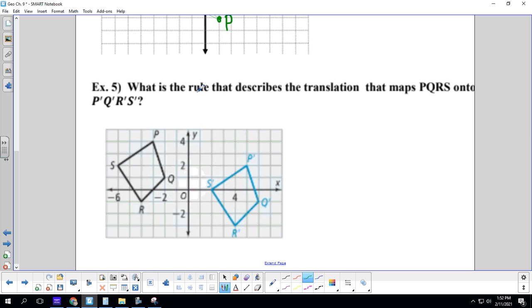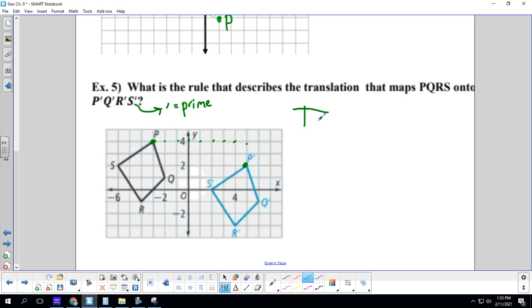All right, example 5. What is the rule that describes the translation that matches P, Q, R, S onto P prime, Q prime, R prime, S prime? So just to let you know, the little burp is, we call that a prime, just for fun. So let's use P to figure out how we went from here to here. So we went 1, 2, 3, 4, 5, 6, 7, 8.